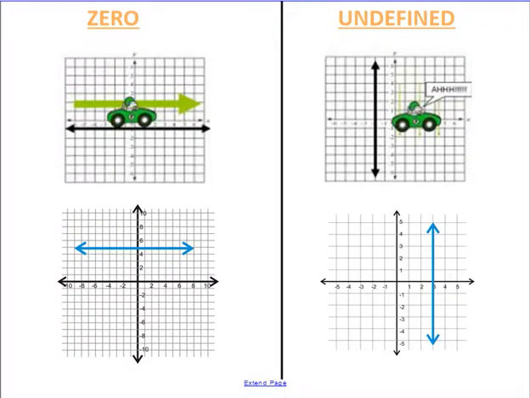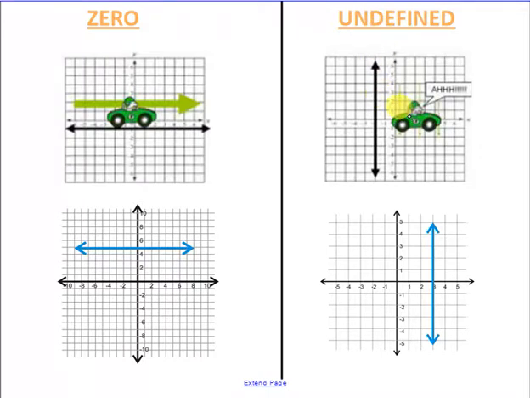So zero slope is going to be a horizontal line, and you can picture it as if a car is just driving absolutely straight, okay? So it's going to be a straight horizontal line, and it can be down here, it can be up here, but it's a straight horizontal line. And then you have something called undefined slope.